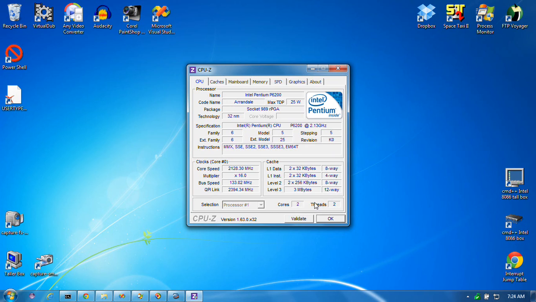Now, the reason why pipelining is great is because it speeds things up. Although you can't make an instruction run any faster, you can process many instructions at the same time.